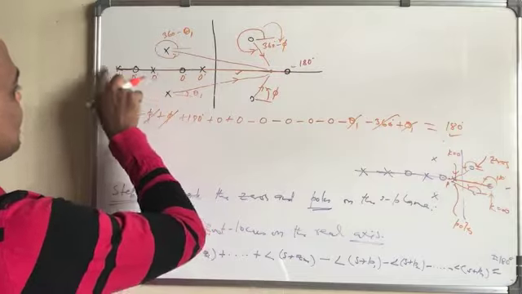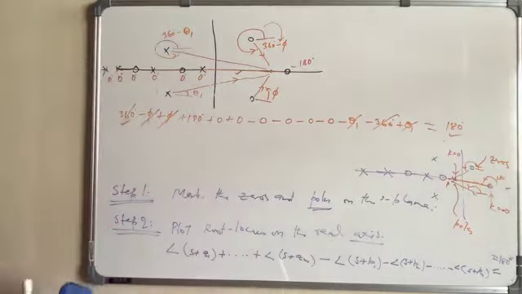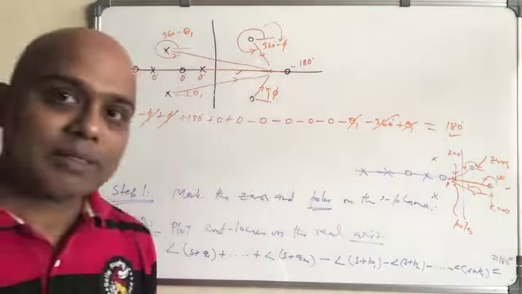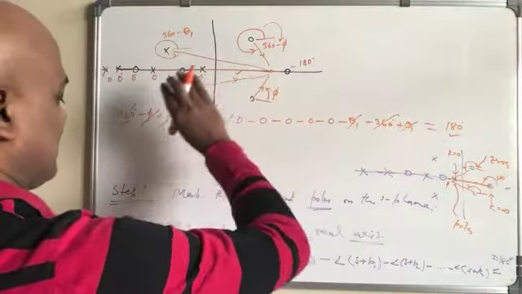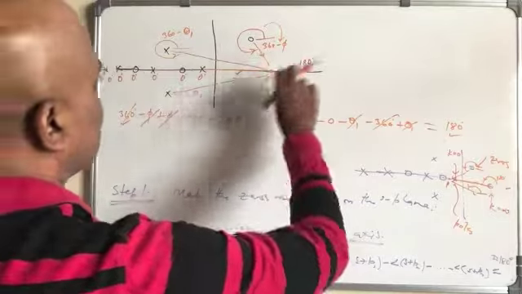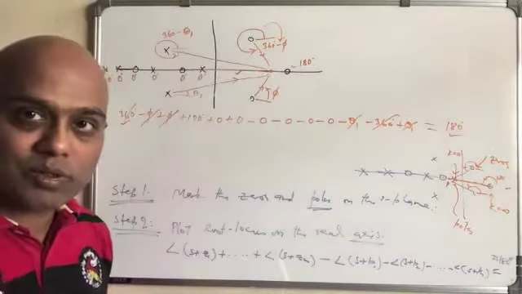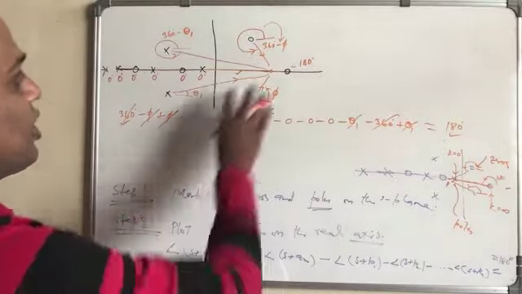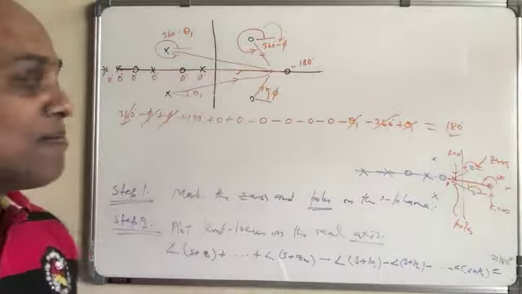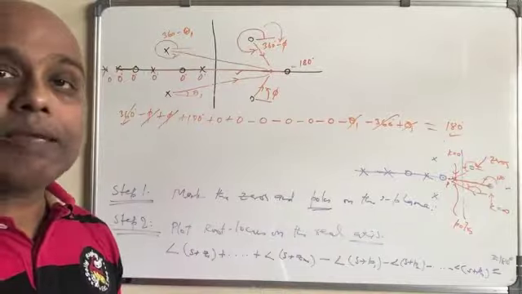Fifth, connect it. Sixth, you leave it, and so on. Why? Because of the angle. If you do that, automatically on the real axis you are already completing the root locus. So this comes from this angle condition. So plotting on the real axis is very, very easy.